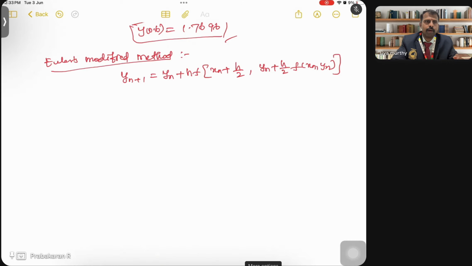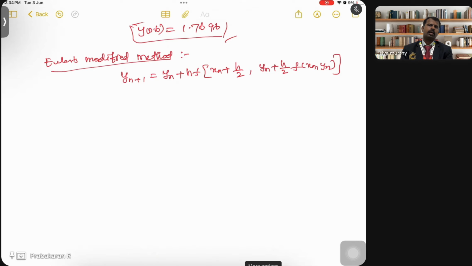We get some approximate value, because now we are solving ordinary differential equations, which means we can't get the exact value. Here we always get only approximate values, right? There are so many methods. In particular, for ordinary differential equations we solve with single step methods and multi-step methods.